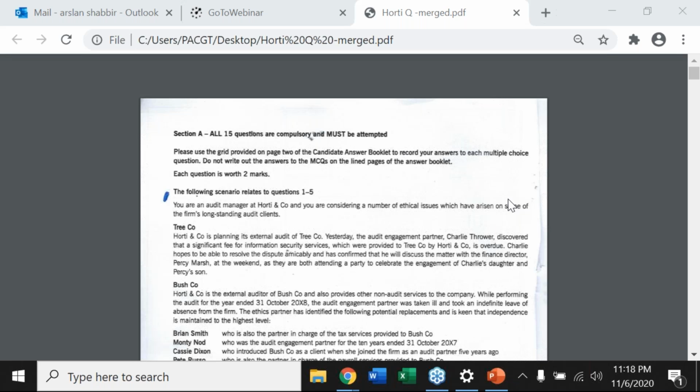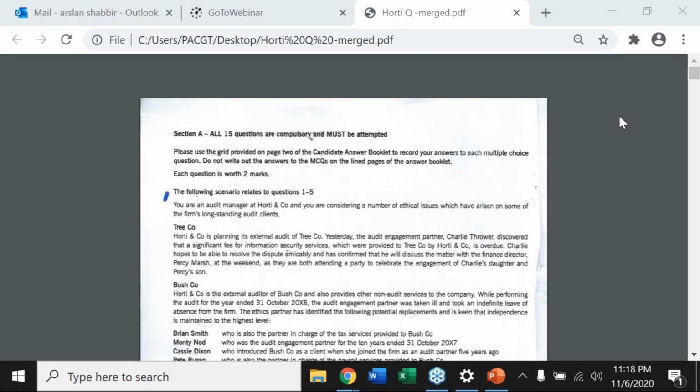Good. So we are going to start the question. I am just texting in the group that we are going to start so everyone can join.